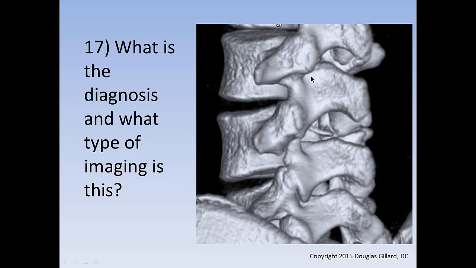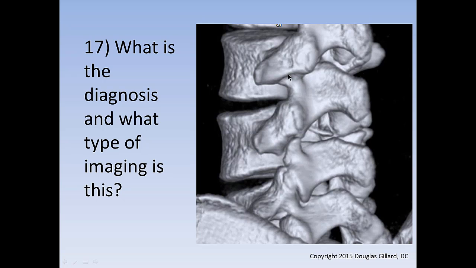Okay, now what do we have here? This is very strange looking. Definitely not a radiograph. It's not an MRI. Looks like a model. So this is a 3D reformatted CT. Very cool, huh?